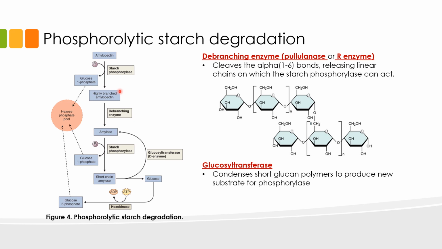Without the branches, what we have are essentially amylose, right? So starch phosphorylase continues to degrade these shorter linear glucose chains. Alongside that, the glucosyltransferase stitches together the smaller glucose chains for the starch phosphorylase to cut. The final products of this reaction are glucose units, which are converted into glucose 6-phosphate.